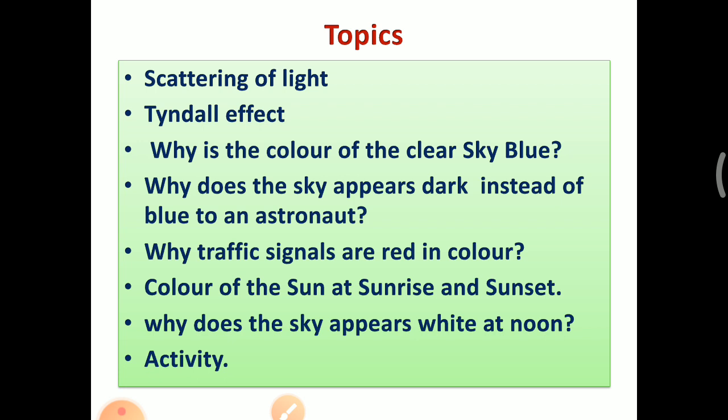Fourth topic, why does the sky appear dark instead of blue to an astronaut? The fifth topic, why traffic signals are red in color? Sixth topic, color of the sun at sunrise and sunset. Seventh topic, why does the sky appear white at noon? And the last, activity.